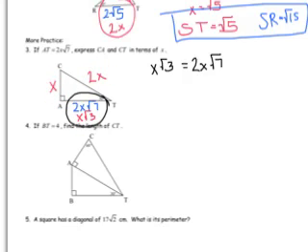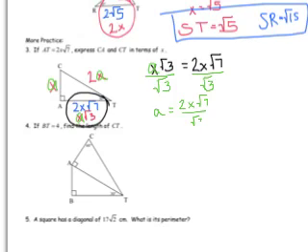If this is going to get too confusing for you, you might want to use something besides x. Maybe, let's say a. So let's say I had labeled this as a root 3 and 2a. So now I have a root 3 equals 2x root 7. So I'm trying to solve for a. So I will divide by square root of 3. So a equals 2x root 7 over root 3.